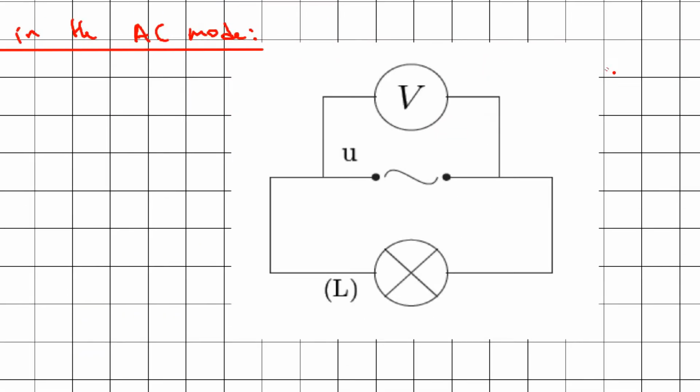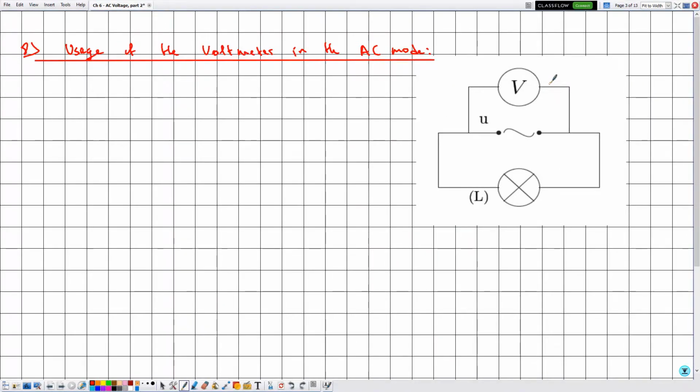For this reason, in the case of a generator delivering an AC voltage, we don't indicate the COM terminal. But now we are interested in determining the reading of the voltmeter.